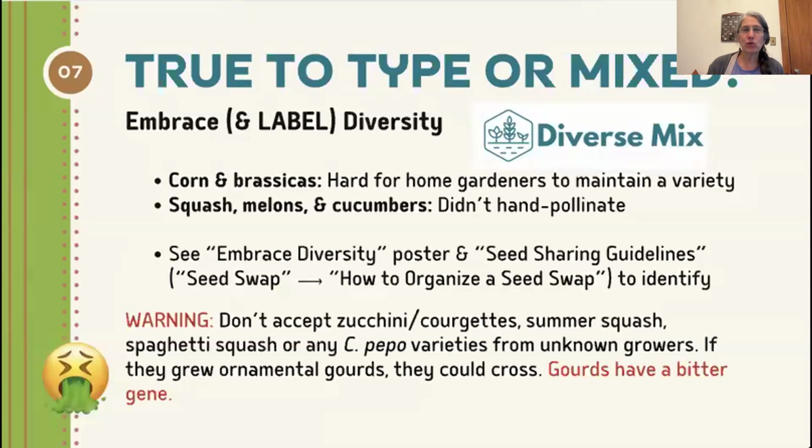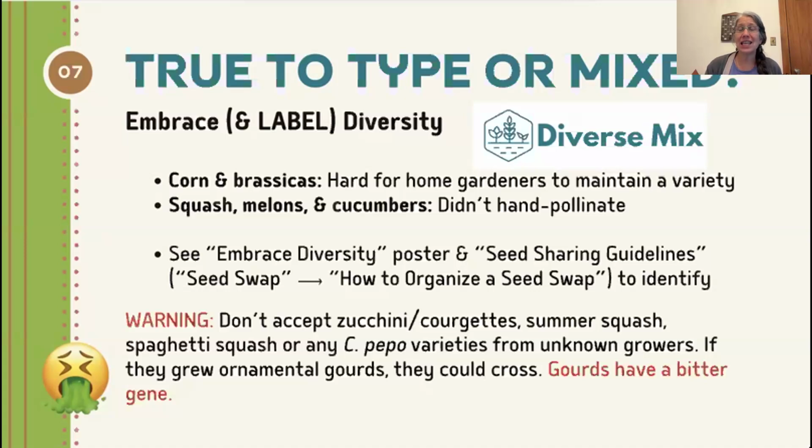Okay, and then as I said, the true to type or mixed, once again, I'm going to be sharing with you in one of the upcoming slides, as well as the information coming out about walking you through a process. So you're going to do this on your own about what we are willing to accept, what our donation process is going to be. Are we only going to take things that are true to type? That means if it has this particular characteristic, it's going to come out with those particular characteristics. Or are we open to genetic diversity?